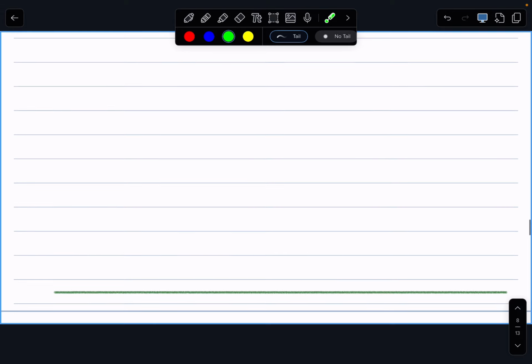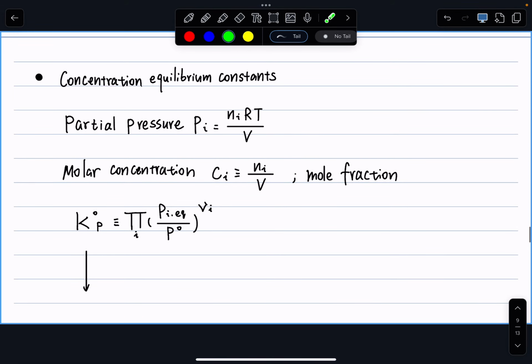Next thing, for these equilibrium constants, so far we went over the equilibrium constant based on pressure. So that's where the Kp naught comes from, and thanks to whoever reminded me, I should make it specific. So this is a pressure-based equilibrium constant. We also have, for example, a concentration-based equilibrium constant for these ideal gas reactions. And the transformation is pretty straightforward.